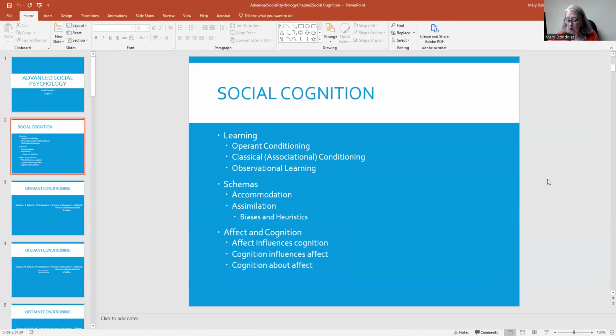And to just give you an overview, I am going to keep really consistent with your textbook for many reasons. First, the idea here is for us to understand how we process information and think about social stimuli. First, we need to know how you learn about this stuff. So we're going to talk about operant conditioning, classical conditioning, observational learning.